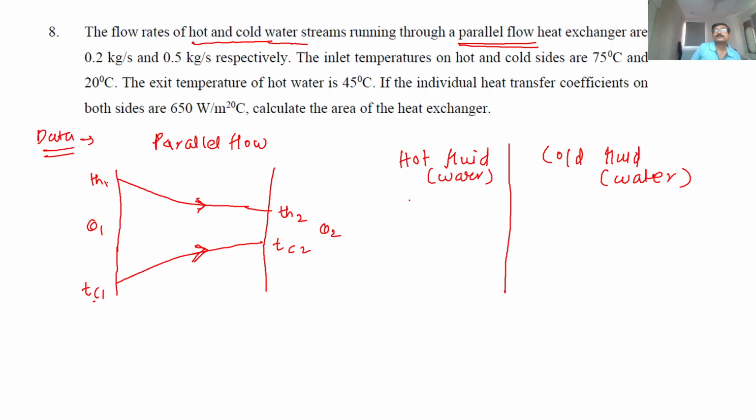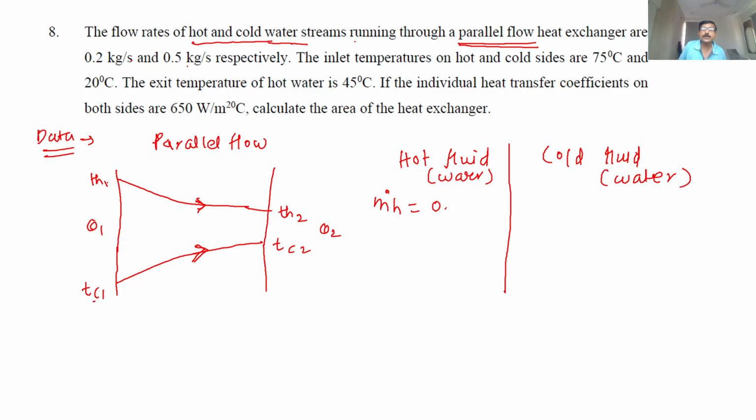Now, the flow rates of hot and cold water streams running through a parallel flow heat exchanger are 0.2 kg per second and 0.5 kg per second. So m dot h, how to read it? M for mass, h for hot fluid, and dot for mass flow rate of the hot fluid.